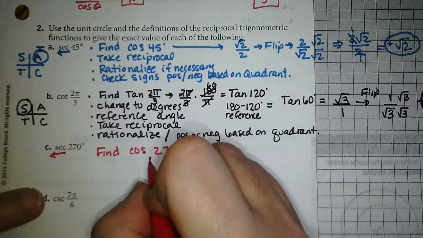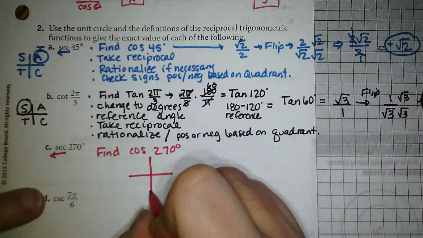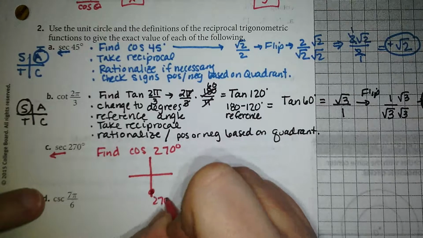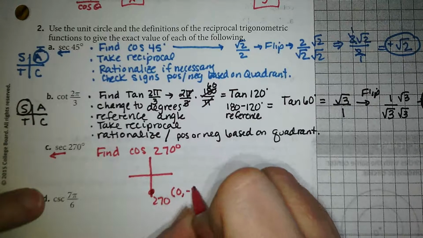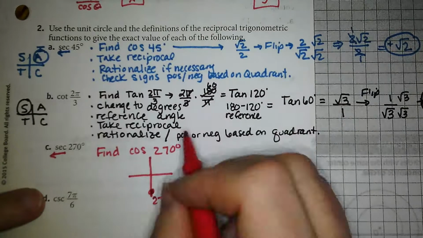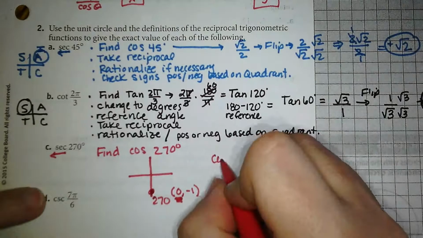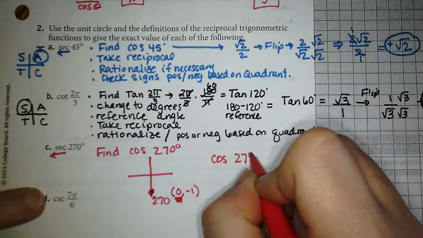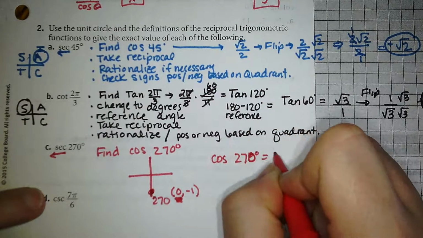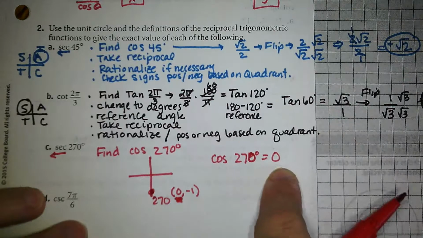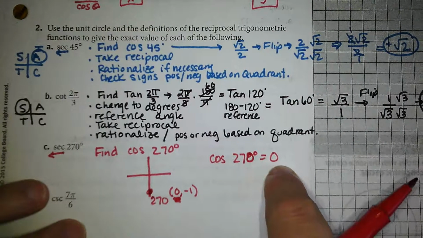So in my unit circle, 270 is here, and it's (0, -1). So the cosine is the x value. So that's 0. So the cosine of 270 is 0. And then I need to flip it, okay?